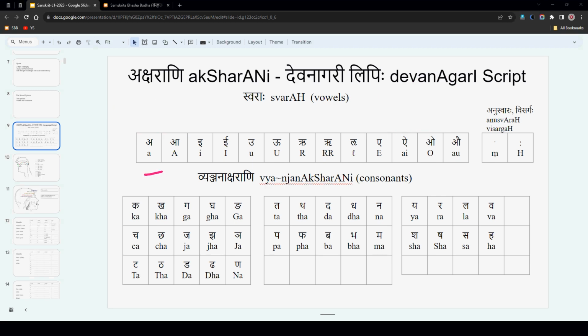It can be attached to a swara also, like we can say akara. Akara means the sound made by this swara. Akara, ikara, aikara, ekara, and so on. The sound made by those specific swaras or vyanjanams.